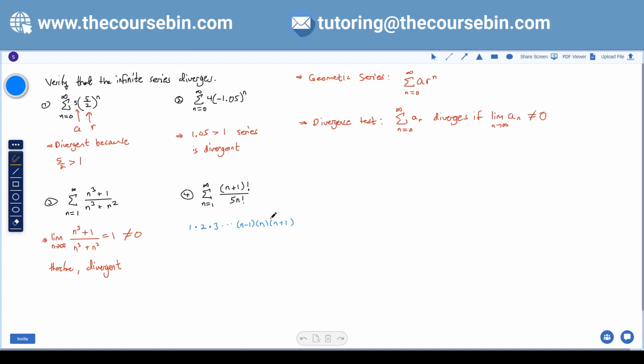Whatever the n value is. So that's your n plus 1 factorial. You're just multiplying all of the numbers before n plus 1 up until n plus 1.